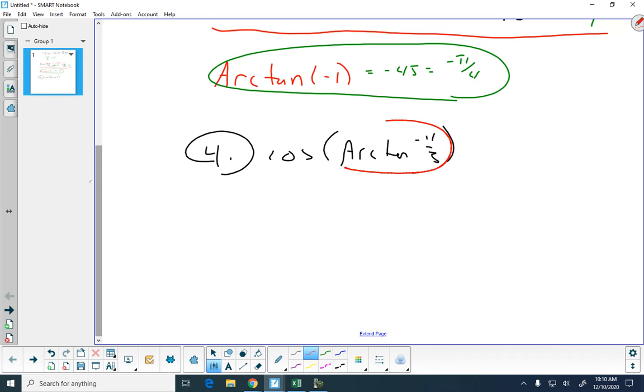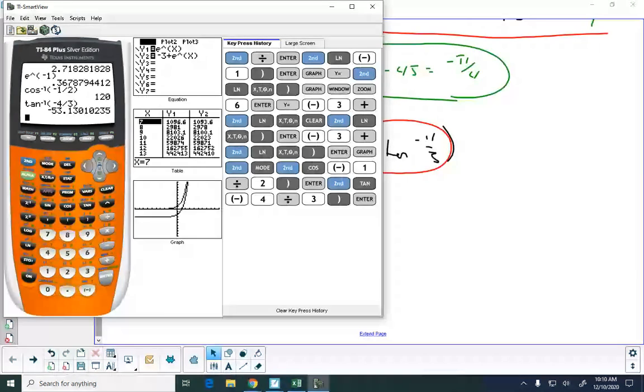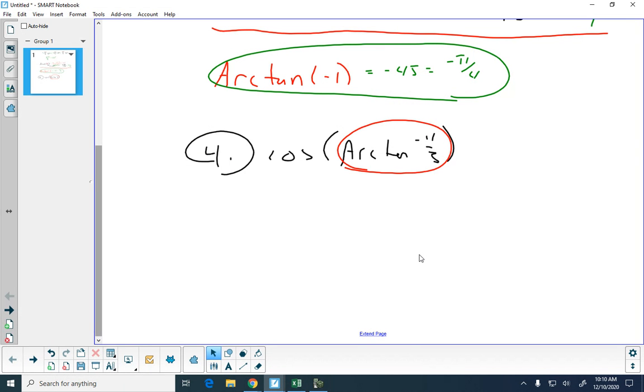So we first deal with this. So we do the inverse tangent of -4 divided by 3. And we get -53 degrees.